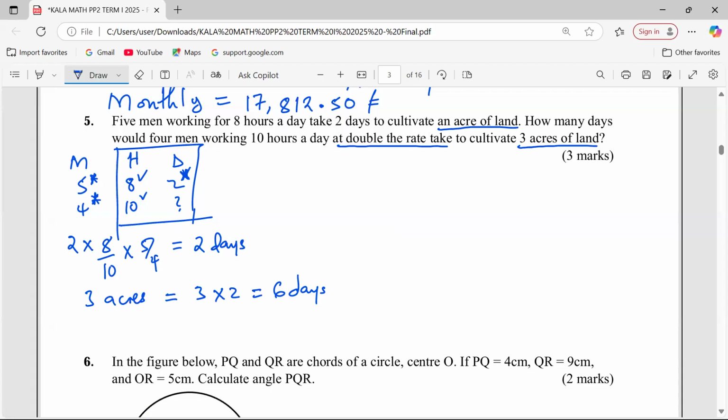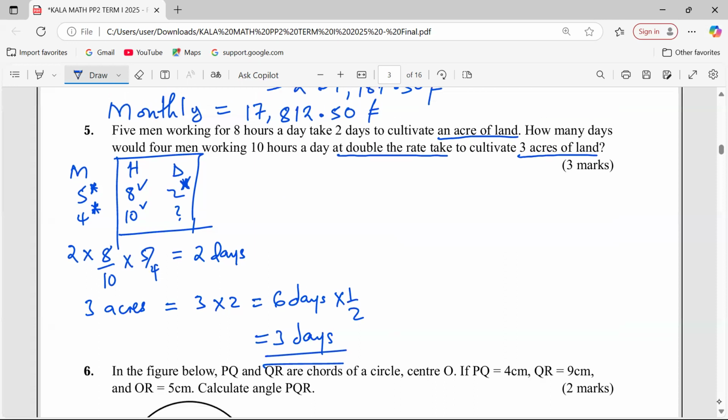So instead of taking the 6 days, they are going to take half this time. Because they are working at a double rate, they shall divide this time by 2. We will have 3 days that way.